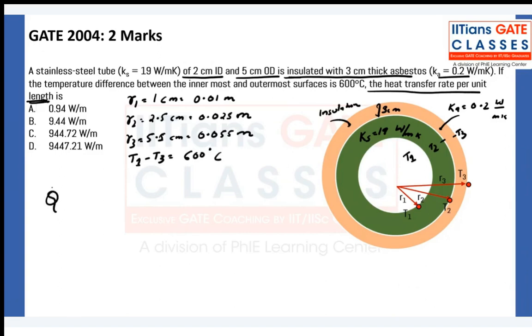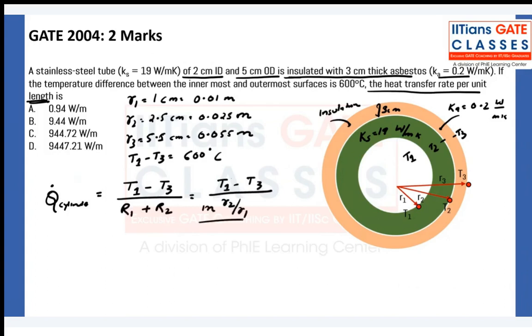Q dot in cylinder, I can write T1 minus T3 upon R1 plus R2. So this is T1 minus T3 upon ln R2 by R1 upon 2 pi Ks L, plus ln R3 by R2 upon 2 pi Ka L.